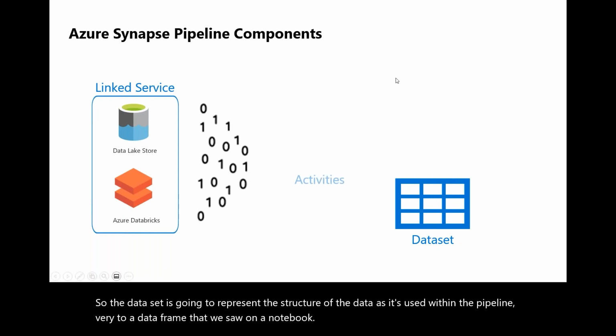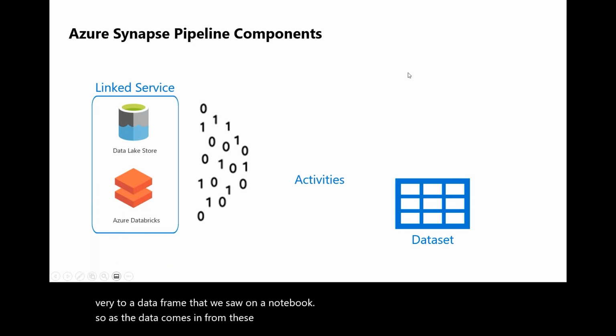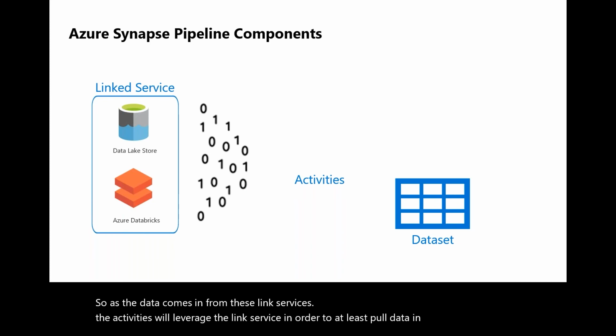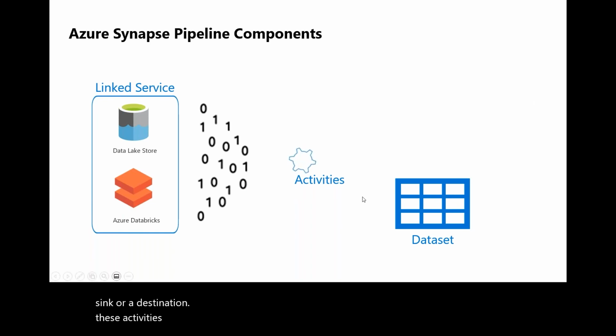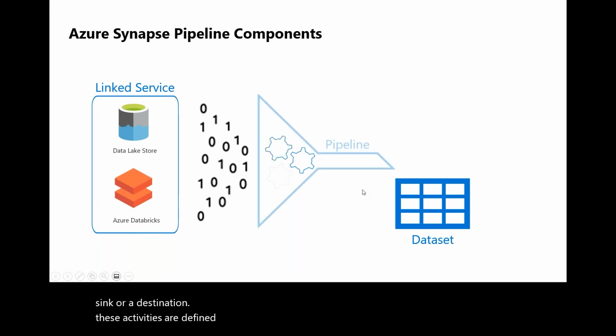So as the data comes in from these linked services, the activities will leverage the linked service in order to pull data in, transform the data, send it to some type of computing process if necessary, and then eventually create a sink or a destination. These activities are defined in a pipeline as a group of activities.